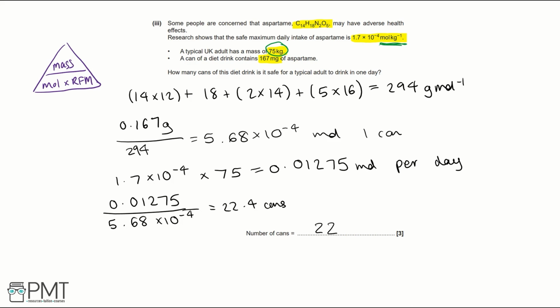And then you get your third and final mark for working out how many cans you can have, so this is 22.4 or 22. The mark scheme will also accept 23, but it's better to put 22 or 22.4 because these are both within the limit and the actual safe amount that you can drink in a day.